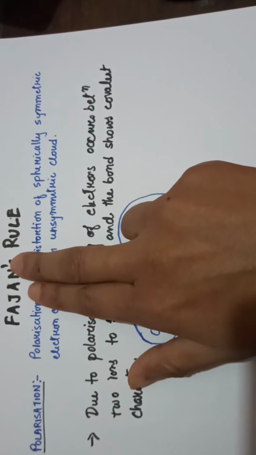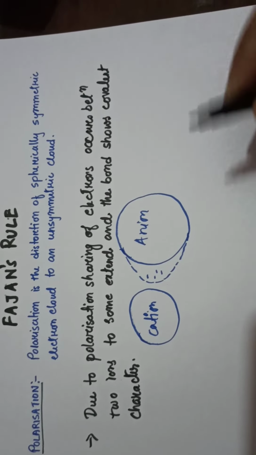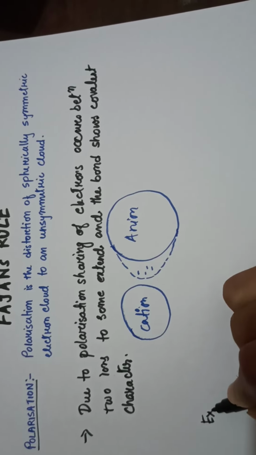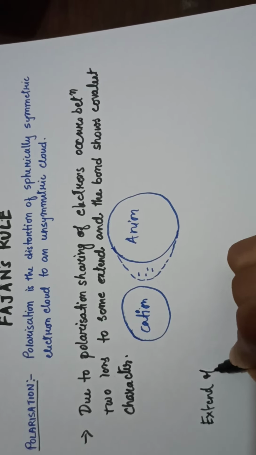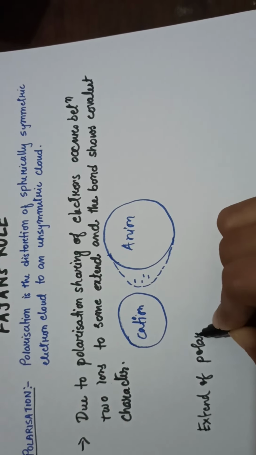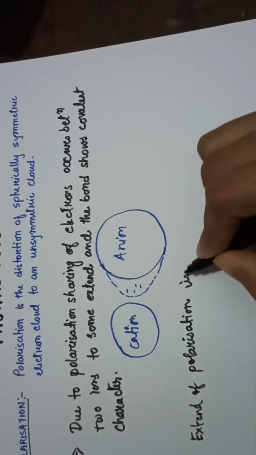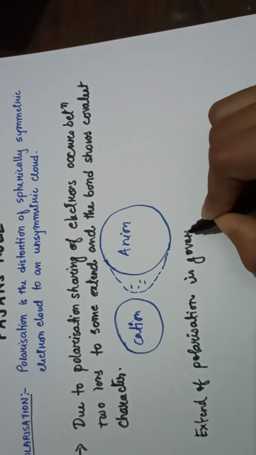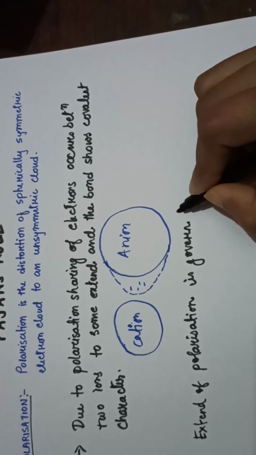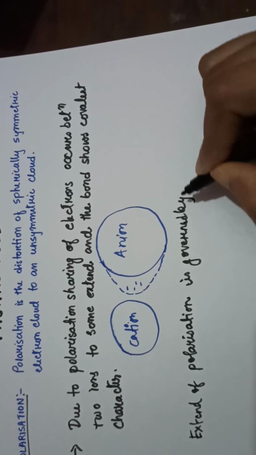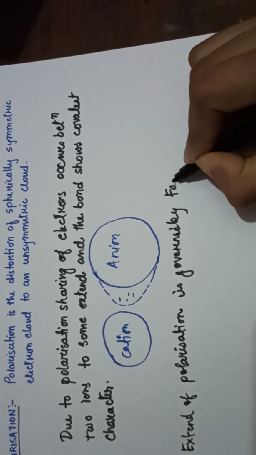Those rules are known as Fajan's rule. So the extent of polarization is governed by Fajan's rule.